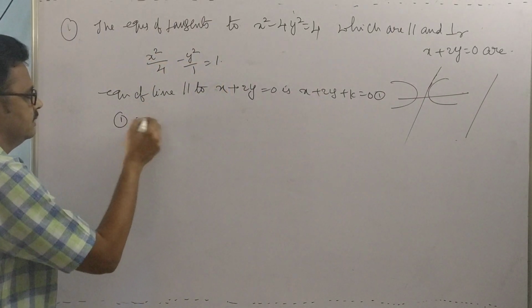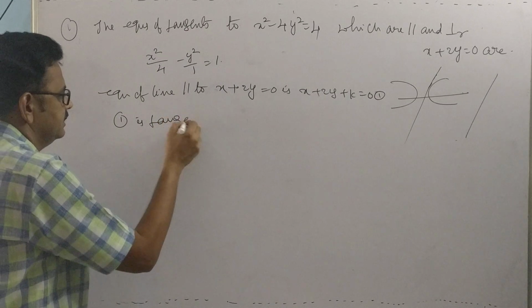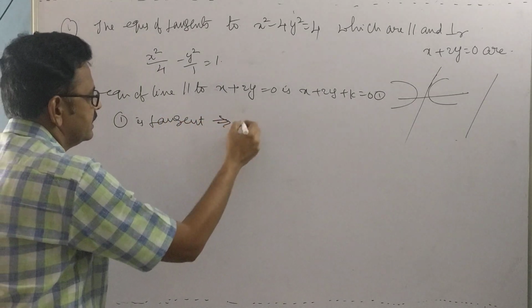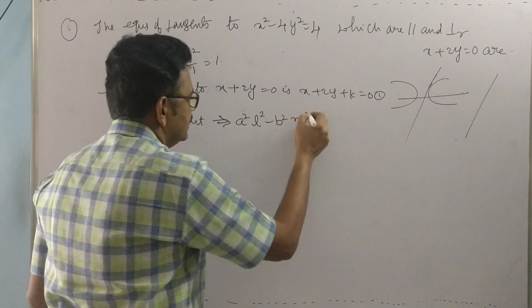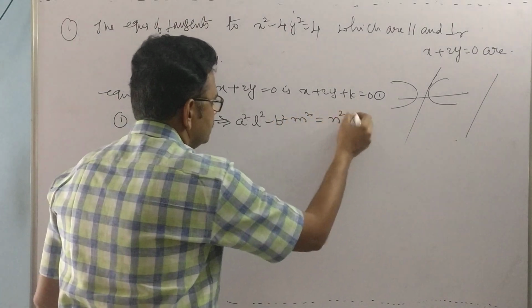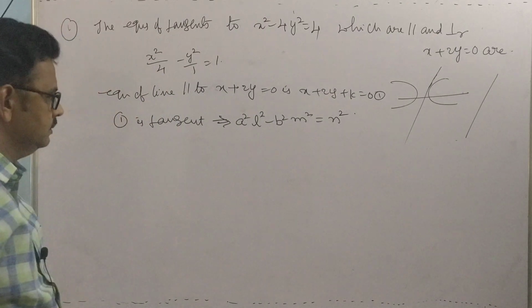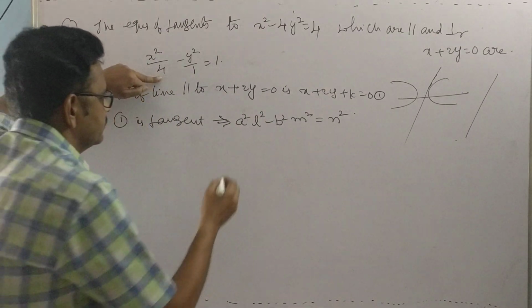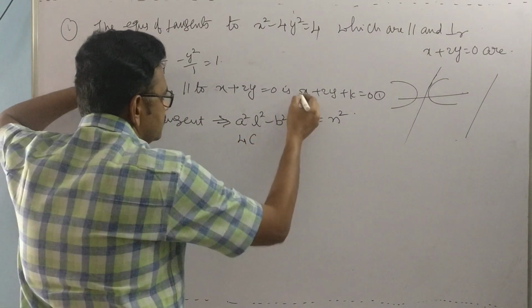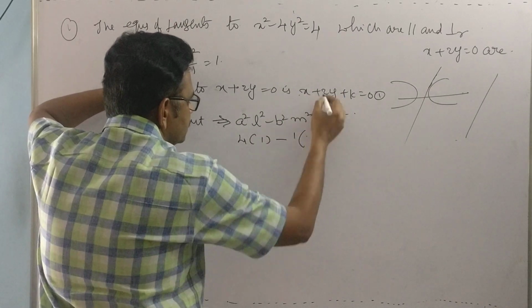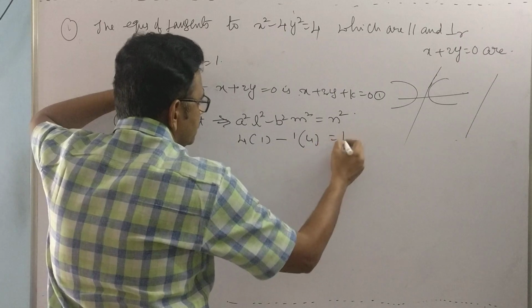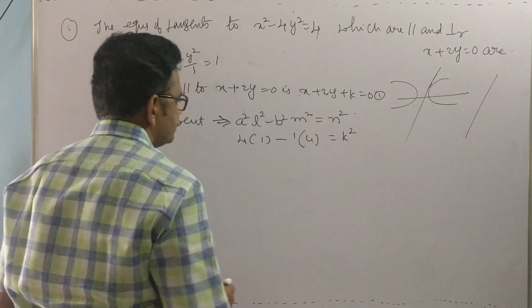Now 1 is a tangent to the hyperbola. Since 1 is a tangent, the condition for tangent a square l square minus b square m square is equal to n square. A square is 4, l is 1, b square is 1, m is 2, 2 square is 4, equal to k square.